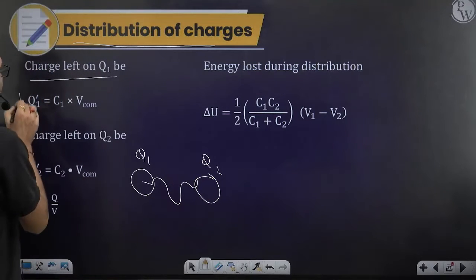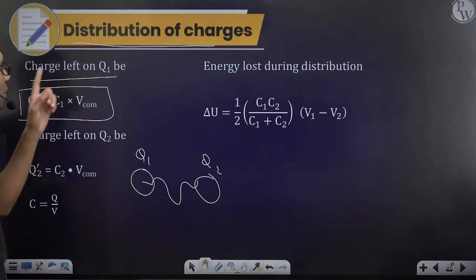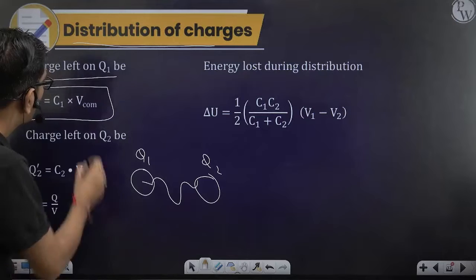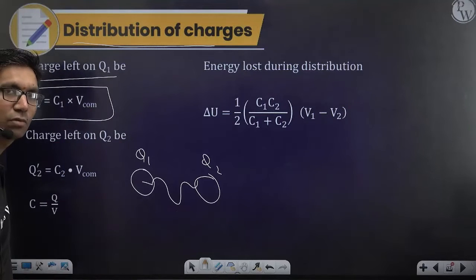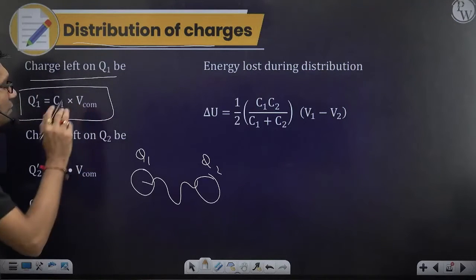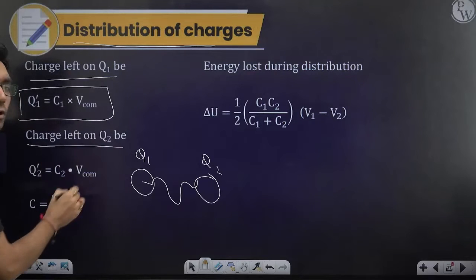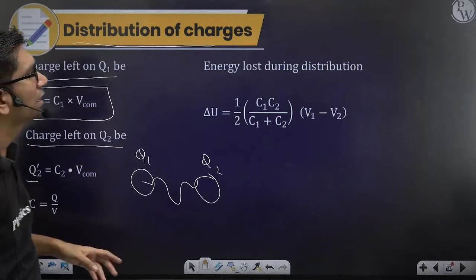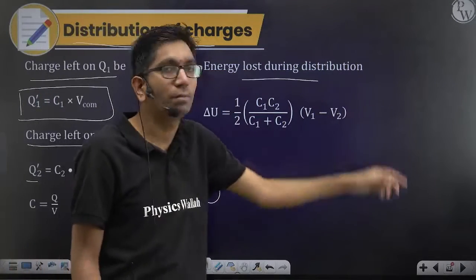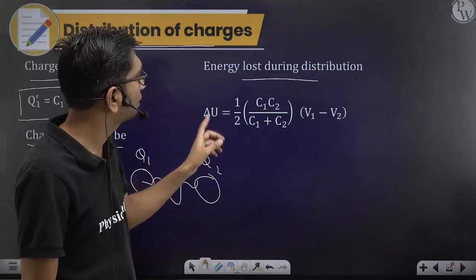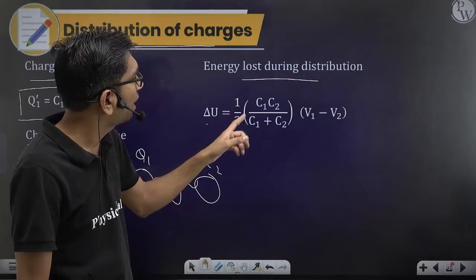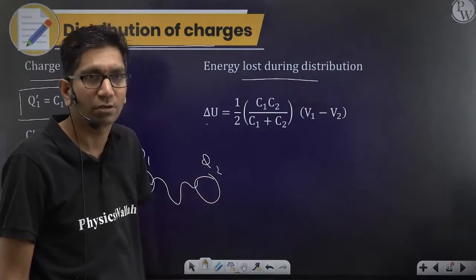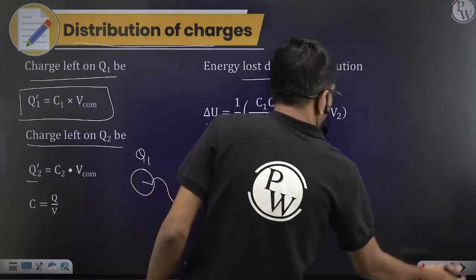The final charge left on q1 be q1 dash, so C1 into V common potential. Common potential formula you know, just now I have written: q1 plus q2 by C1 plus C2. Charge left on q2: C2 into V common potential. During this process some energy will be lost. What is that lost energy? Half C1 C2 by C1 plus C2 into, in bracket, higher potential minus lower potential. Higher minus lower potentials.